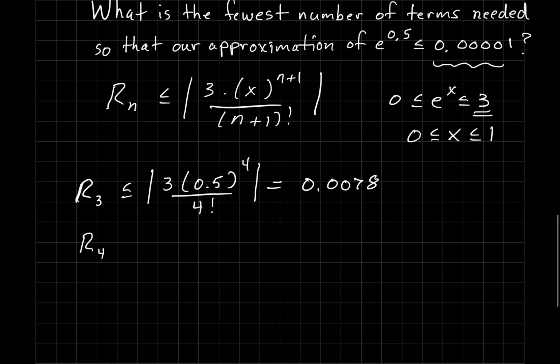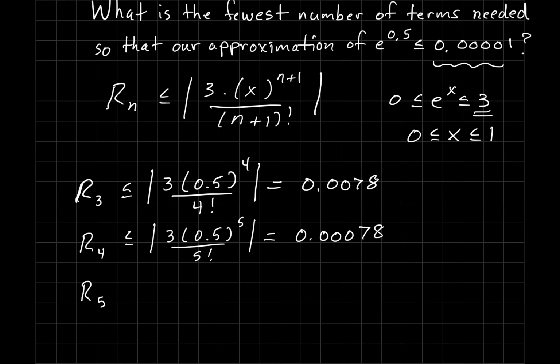So what if I try the fourth degree polynomial? Then my error is no more than 3 times 1/2 to the 5th power over 5 factorial, which is 0.00078. Still not good enough, but I'm getting pretty close.